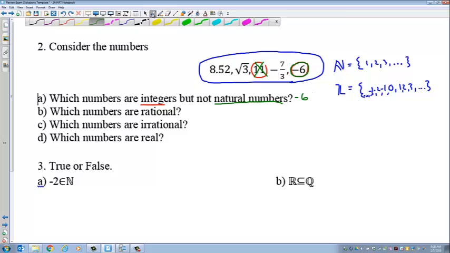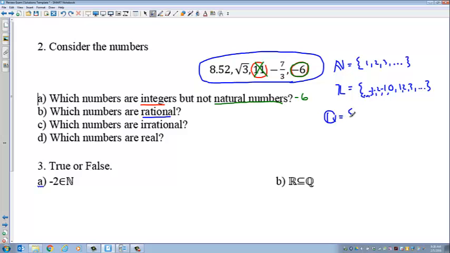All right, the next type of numbers we want to talk about are rational numbers. We want to figure out which numbers are rational. Remember, rational numbers include all the integers, but they look like this: of the form a divided by b, such that a and b are integers, but b is not equal to 0, because you can't divide by 0.